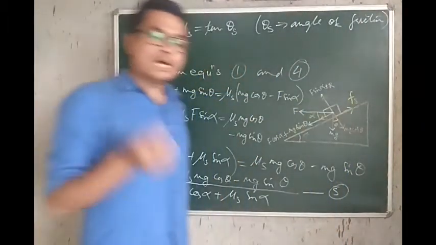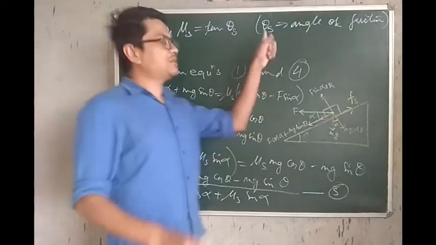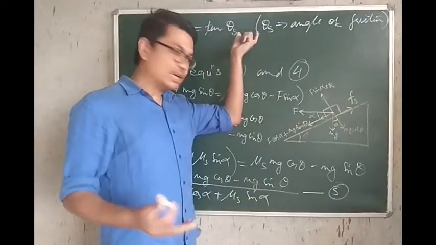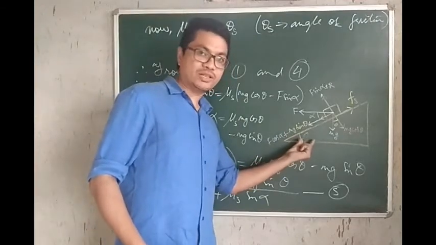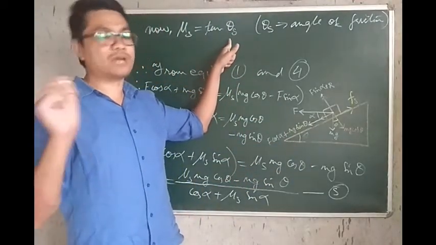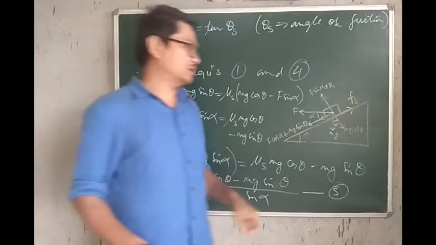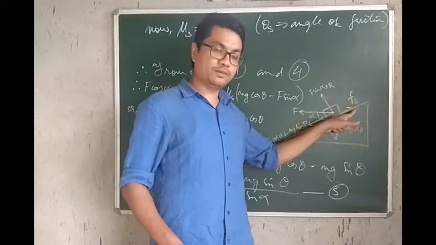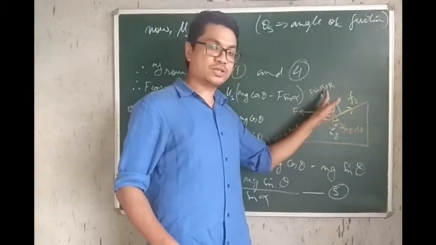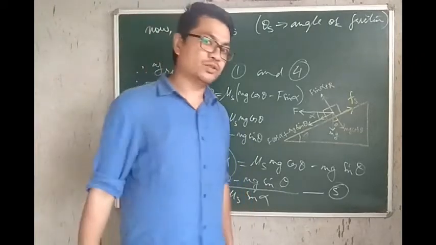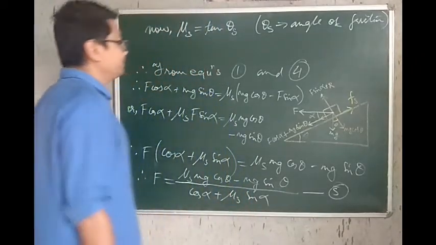I remember I denoted angle of friction simply by theta, but just to differentiate it from this angle of inclination, let us rewrite it as theta_s. So theta_s is our angle of friction, which is the angle that the resultant of the limiting friction and the normal reaction makes with the normal reaction. In case you've forgotten, please go and check that video.